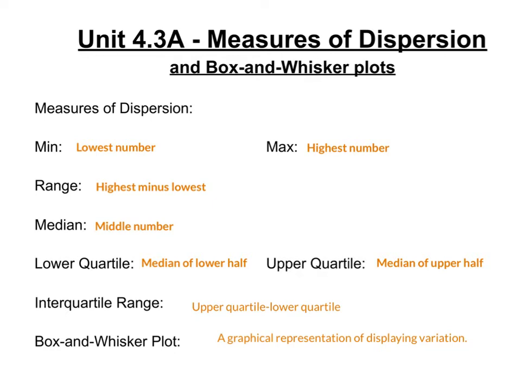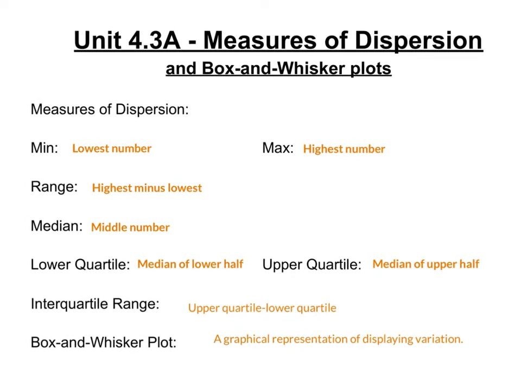And of course, we've talked about median, which is going to end up being our middle number. And then these other ones, the lower quartile, that would be the median of the lower half. This is going to be represented by a Q1, as we talk about this one later today. The upper quartile, that's going to be the median of the upper half, which would be represented as a Q3.